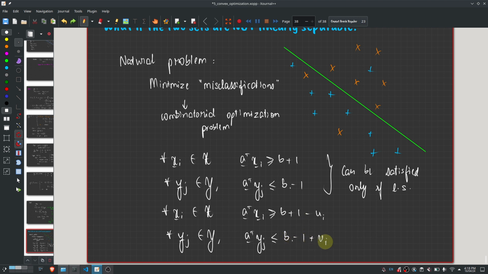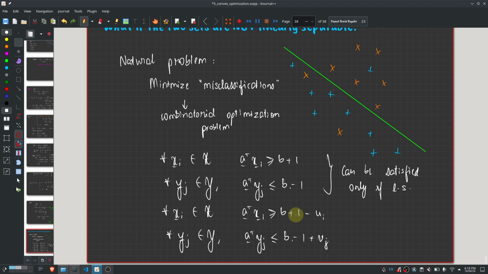For each xi, maybe I can't have A transpose xi greater than or equal to b plus 1, but it's certainly possible to satisfy A transpose xi greater than or equal to b plus 1 minus ui for some ui greater than or equal to 0. Similarly for all points in script Y, I want A transpose yj to be less than or equal to b minus 1 plus some vj, for some vj greater than 0.